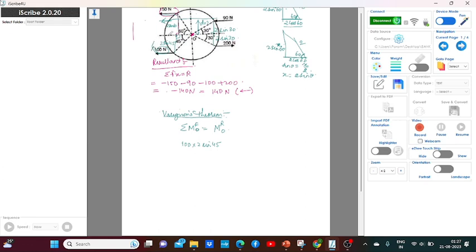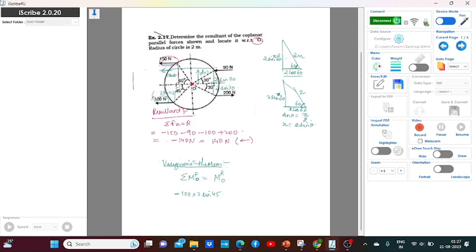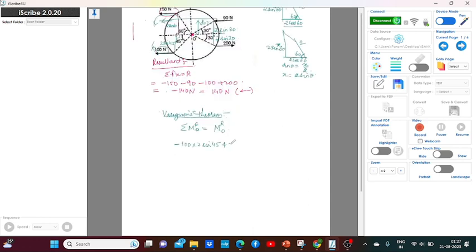So it is in clockwise direction, so it is negative. Again the 150 force. Again it is going like this way, so it is anti-clockwise direction. So positive 150 into 2 sine of 60.